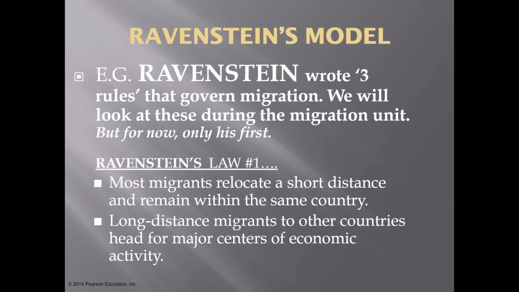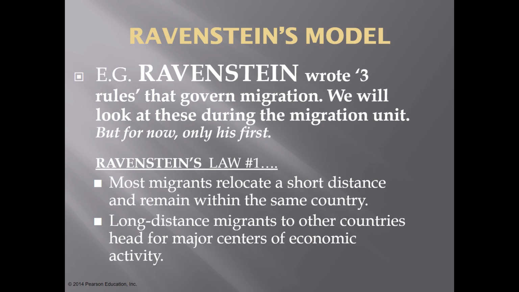Secondly, Ravenstein said that when migrants do go longer distances, and it is international, so they head to other countries, they almost always go to the largest, most populous centers of economic activity. So they go to big cities.